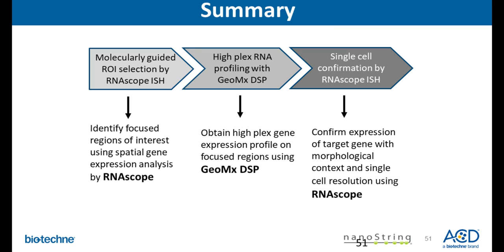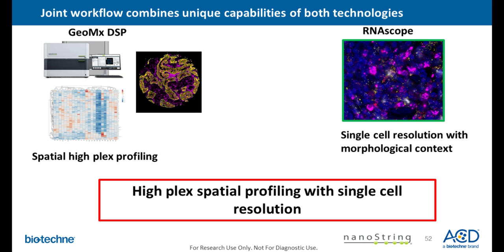So with this joint workflow, we really wanted to address all the questions in spatial genomics, where we've used RNAscope as a molecular guide to identify key regions within a heterogeneous tumor. Then, using the GeoMx DSP panels, we can profile these selected regions of interest for target gene expression, in this case, targets related to IO, and then visualize the key targets that are differentially expressed using RNAscope on a serial section.